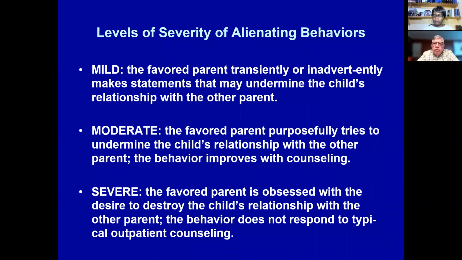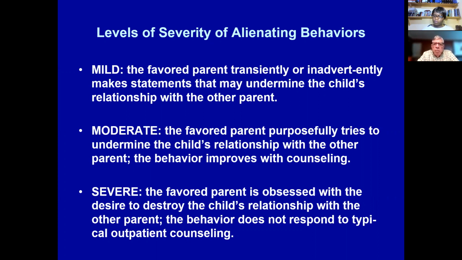I guess a simple example is the mother might say, oh, honey, you're going to go see your daddy today, but you know that mommy really loves you more than daddy loves you, or something like that. That's not a good thing to say. But if it's only done a few times and the parent stops it when told to stop it, then that's mild.